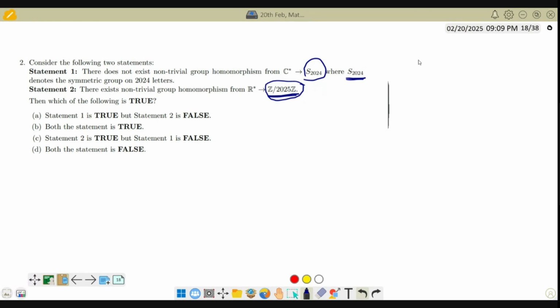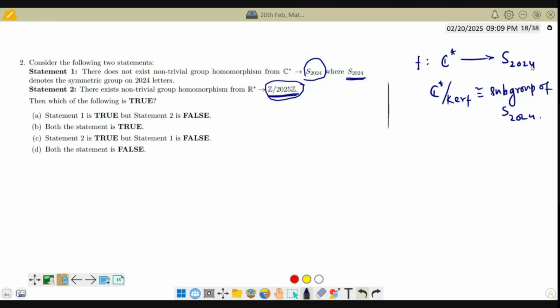Let's discuss statement 1. Suppose you have F mapping S_2024 to this. By the first isomorphism theorem, S_2024 mod kernel of F is isomorphic to a subgroup of this. So what is your next step? Please continue.